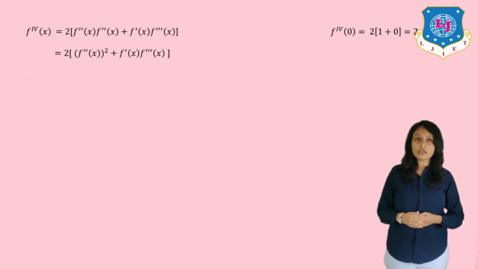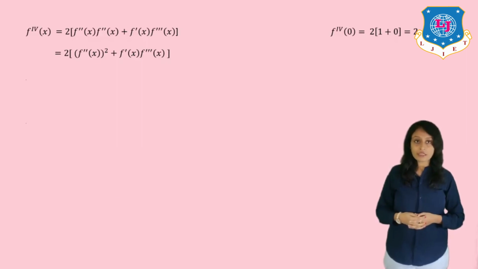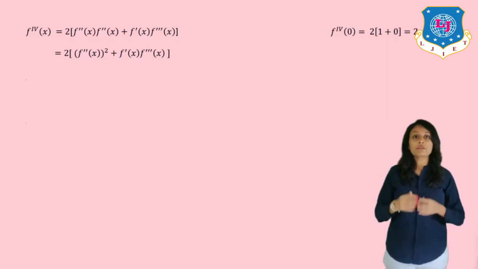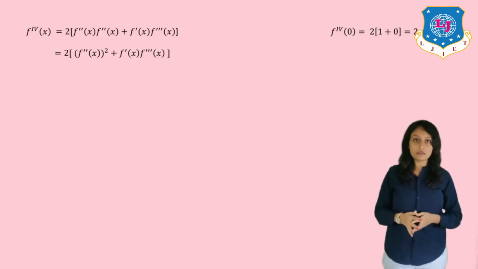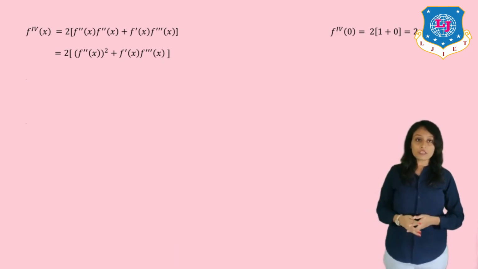Just simplify it. So you will get 2 into f''(x) whole square plus f'(x) into f'''(x). Now we have to find its value at 0. Everywhere in place of x you write 0, and from the previous values, f''(0) is 1 and f'(0) is 0. So on simplification you will get 2 into 1 plus 0, so that is 2.